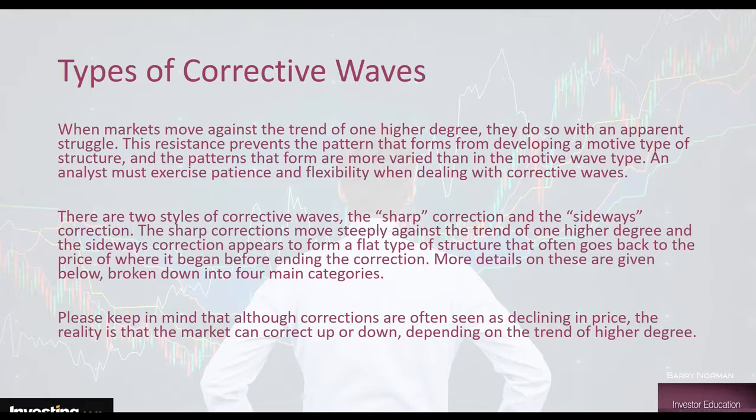Now, there are 2 types of corrective waves: a sharp correction and a sideways correction. The sharp correction moves steeply against a trend of one higher degree, and the sideways correction appears to form a flat type of structure that often goes back to the price of where it began before ending the correction.